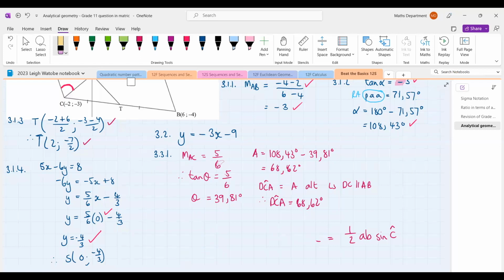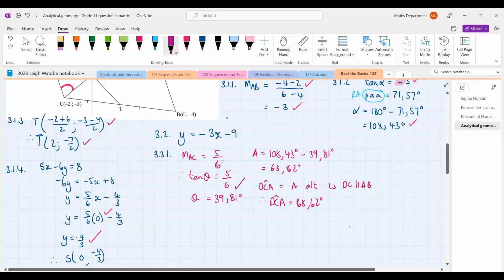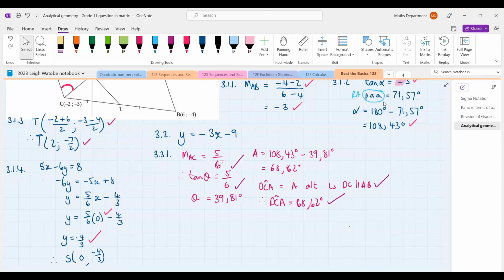Again, this was out of 4 marks. So it would be important for us to work out theta, the alternate angles, our answer, and then here, tan theta equals 5/6 would be the other place where we would get a mark.